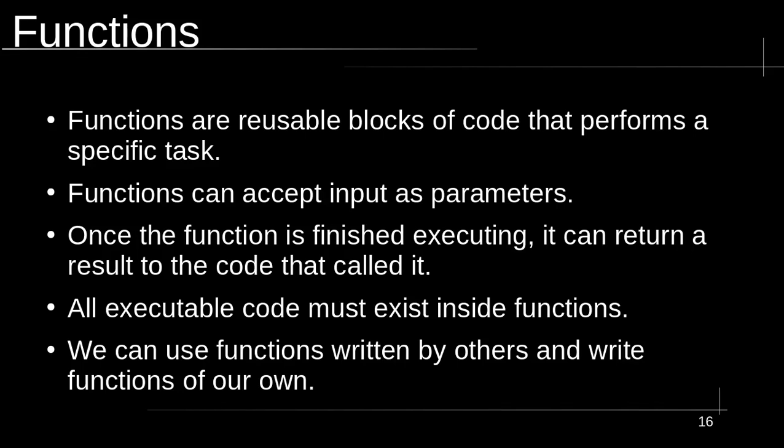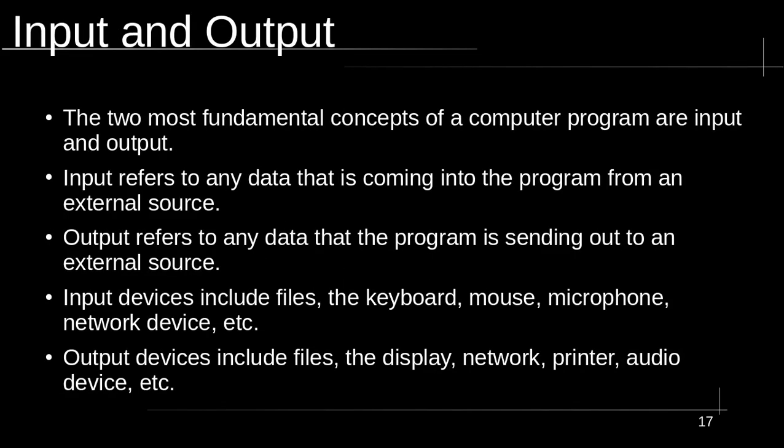All executable code in C must reside inside a function. We can use functions offered by the standard C library, functions written by other developers, and we can also write functions of our own. The 2 most fundamental concepts in computer programming are input and output. We need a way to be able to get information into and out of our program.